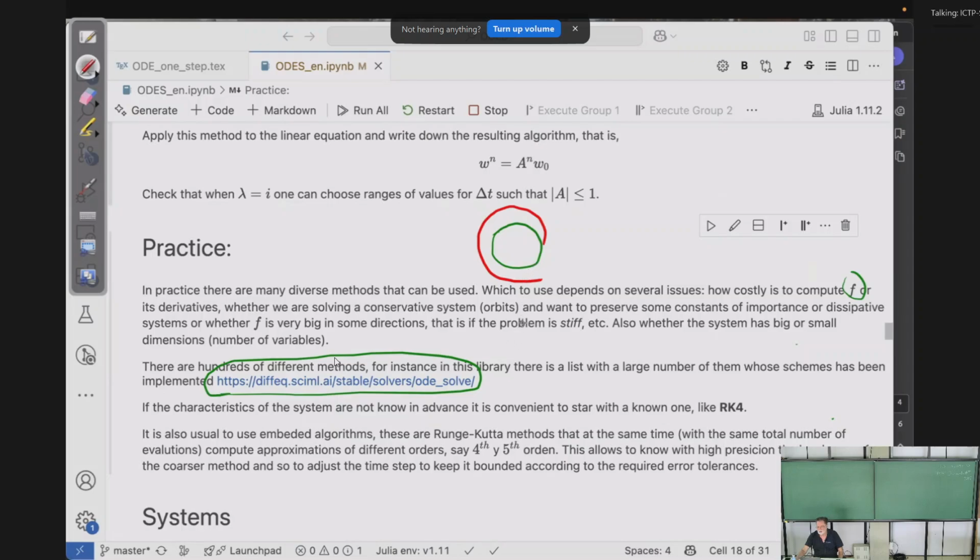If there is dissipation, you might have a method which has this amplification factor, but still, because of dissipation, it's not so bad.